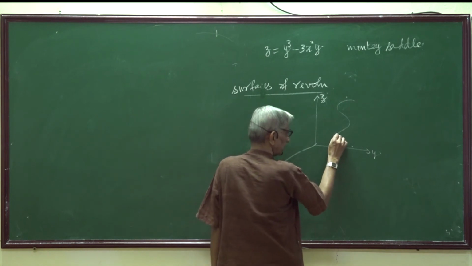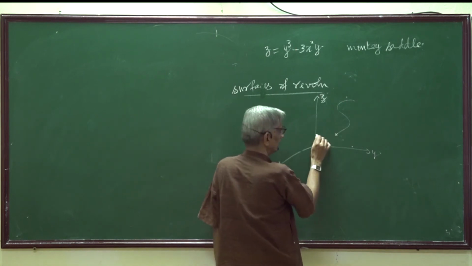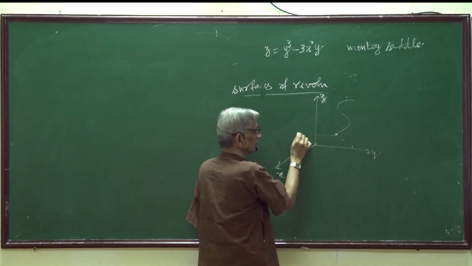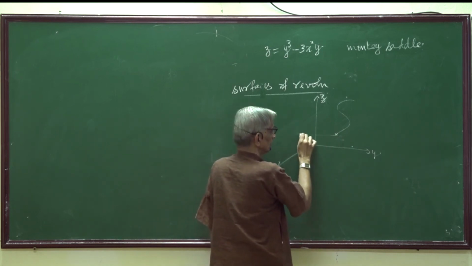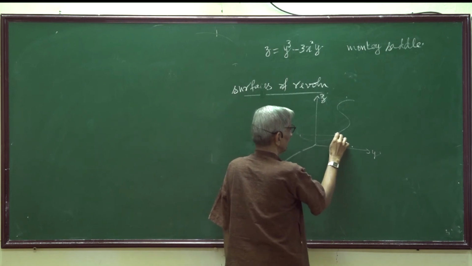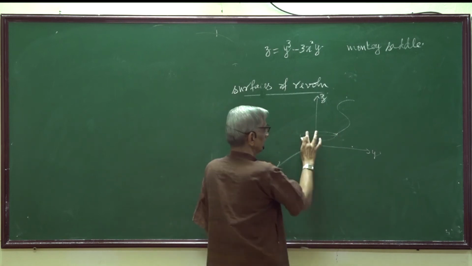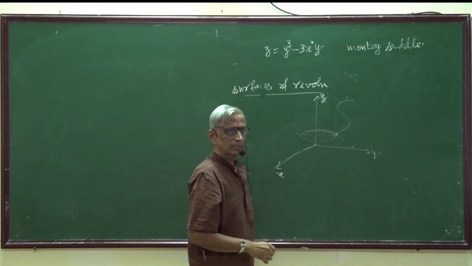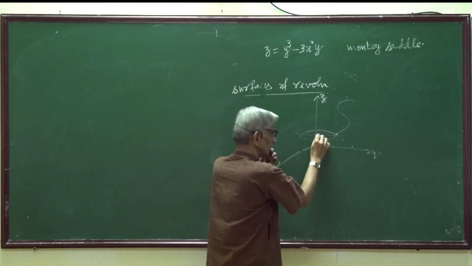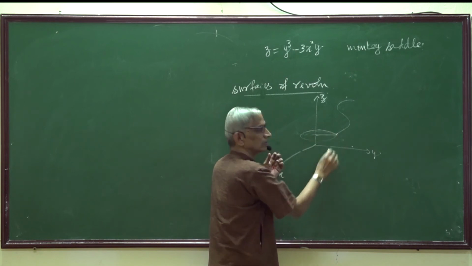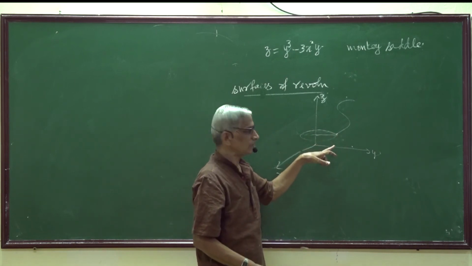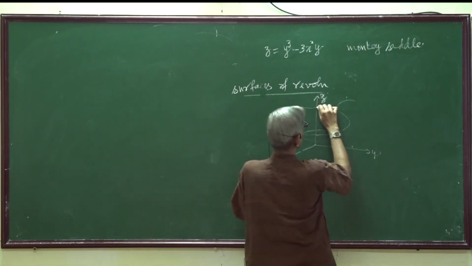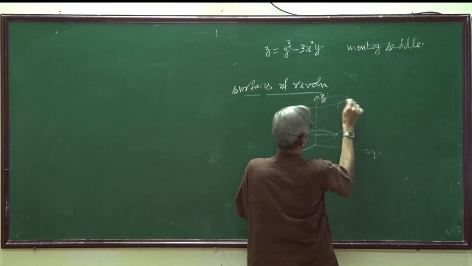For example, if you take a point here and rotate it around the z-axis, you are going to get a circle like this, a circle whose radius is this distance here. So this happens for each point. So we get a surface like this.